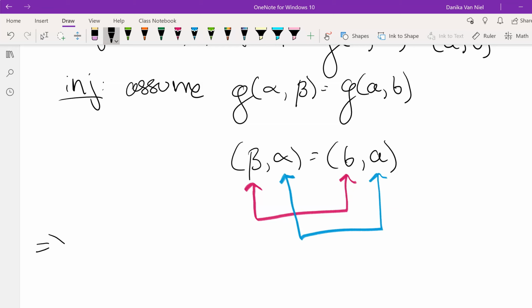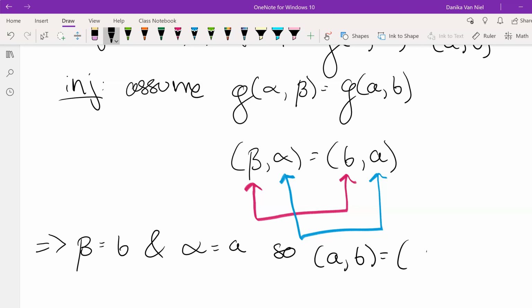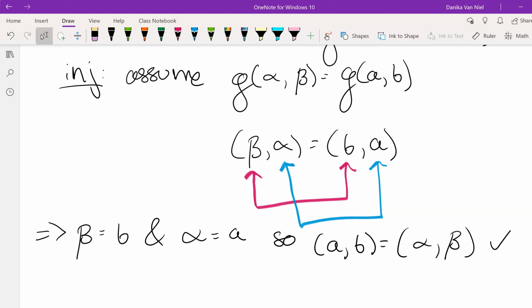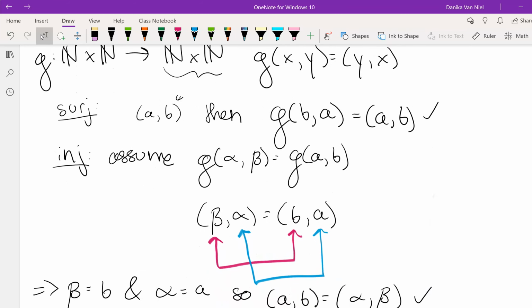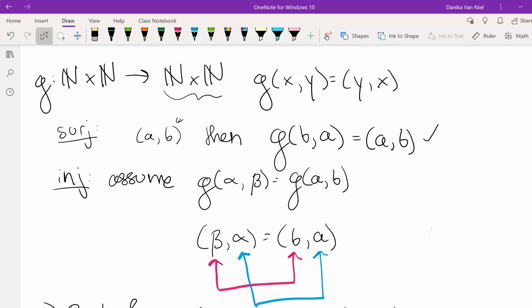So beta equals b and alpha equals a. So (a, b) equals (alpha, beta). All right, so it's also injective. Woohoo, that means it's bijective. Great. Now that it is bijective, we can find an inverse function.